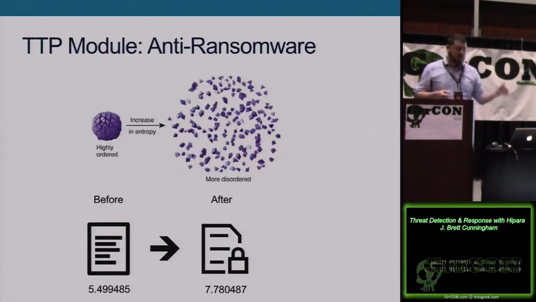So I'm going to take the example of just typical entropy. Even if you've ever run strings or opened up in a hex editor something like a .doc or Excel file, even though it looks messy to us, according to entropy, it's a very structured file format. There's not a high order of randomness to it.